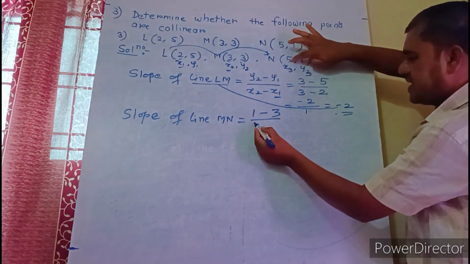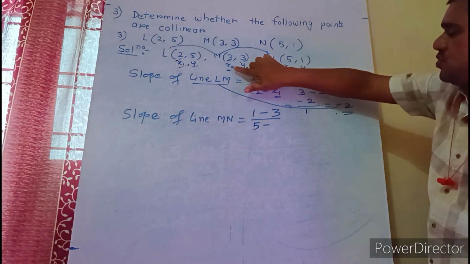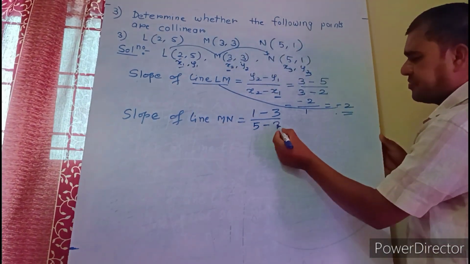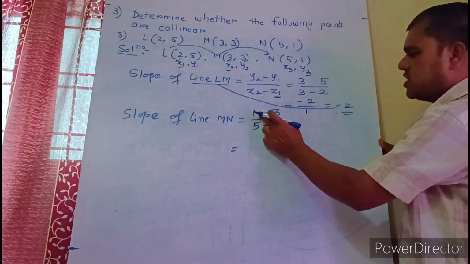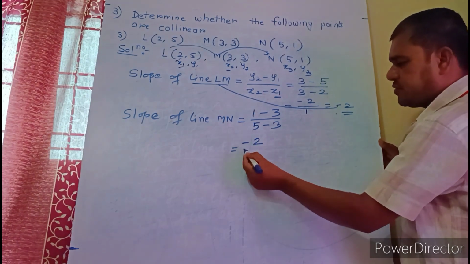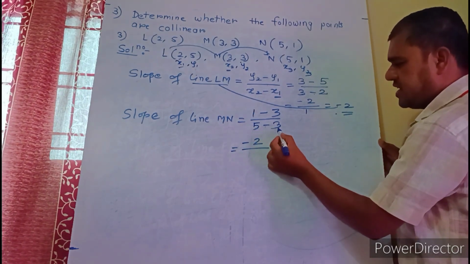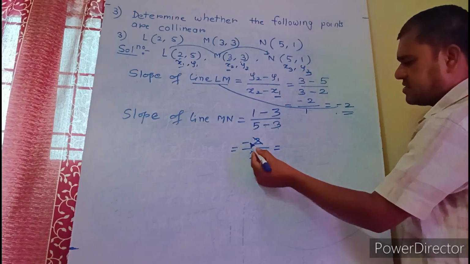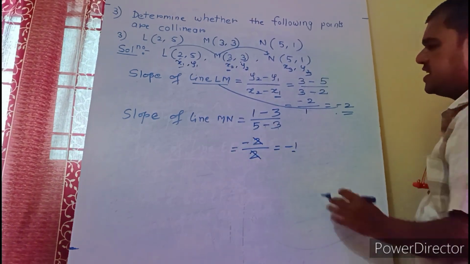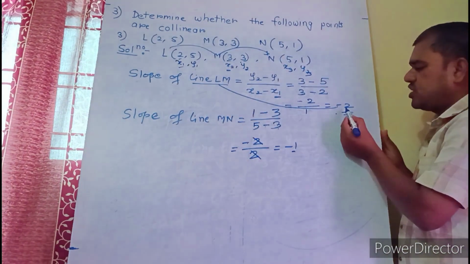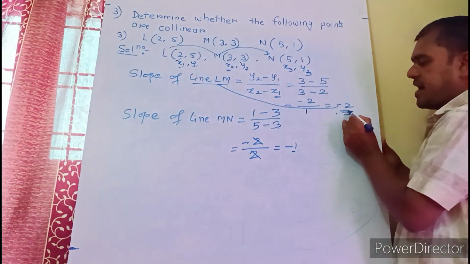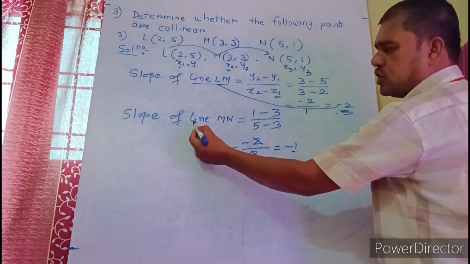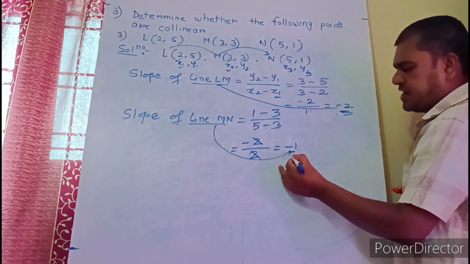This is 5, x3 minus x2, and the value of x2 is 3. On calculating, 1 minus 3 is minus 2, divided by 5 minus 3, that is 2, so 2 and 2 get cancelled, and this is minus 1. Here on observing, we see that the slope of line LM is minus 2. At the same time, the slope of line MN is minus 1.